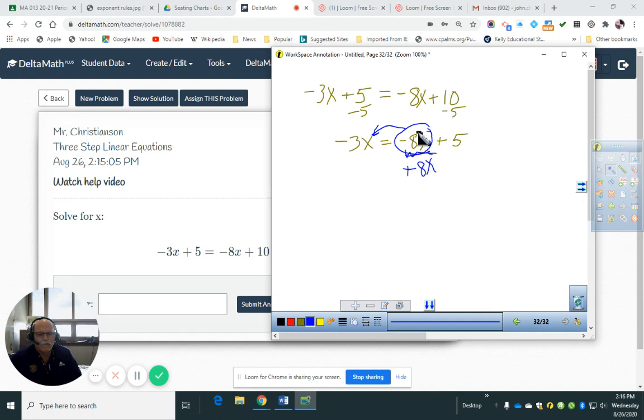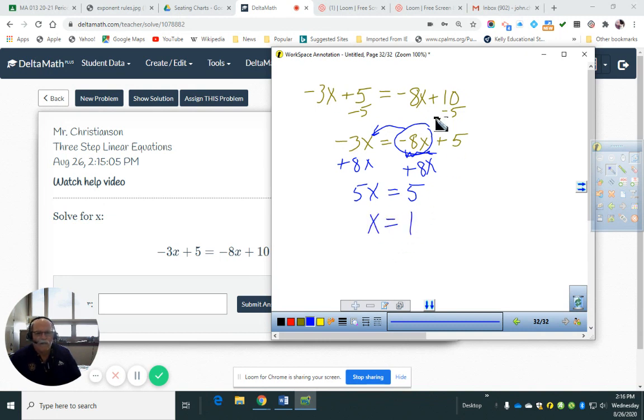We're doing the opposite because we want this to be 0, and the only way to get it to be 0 is to add 8x after we've done the subtraction. So now we're adding 8x over here. So we get 5x equals 5, right? And so x equals 1.